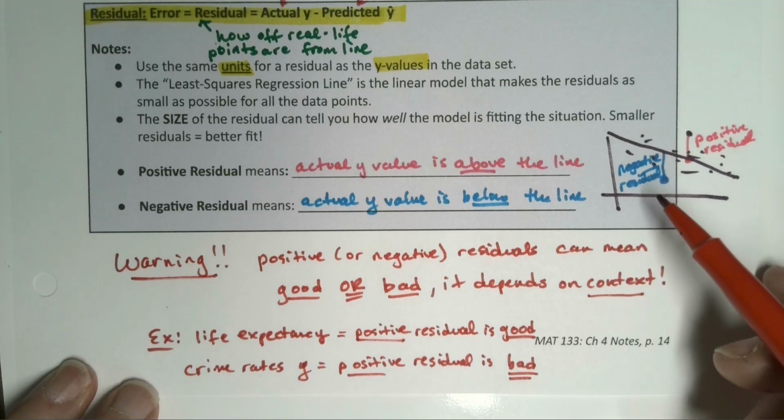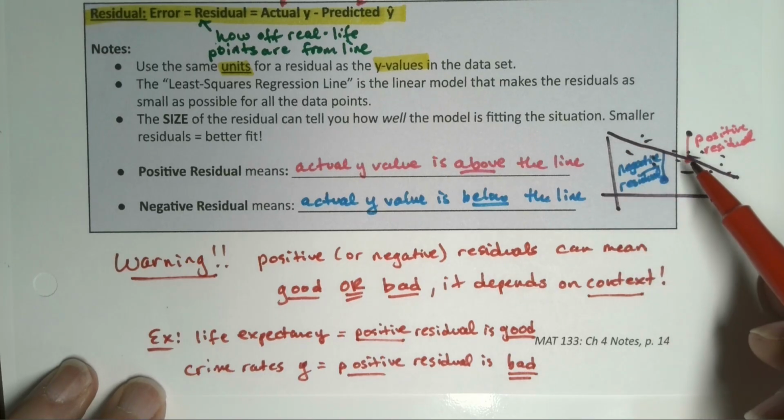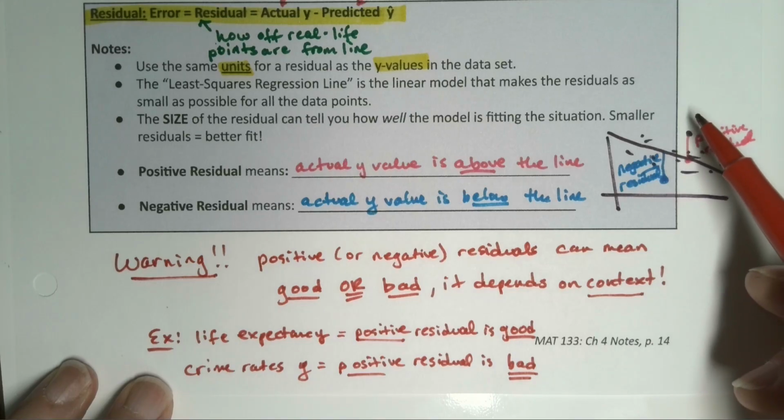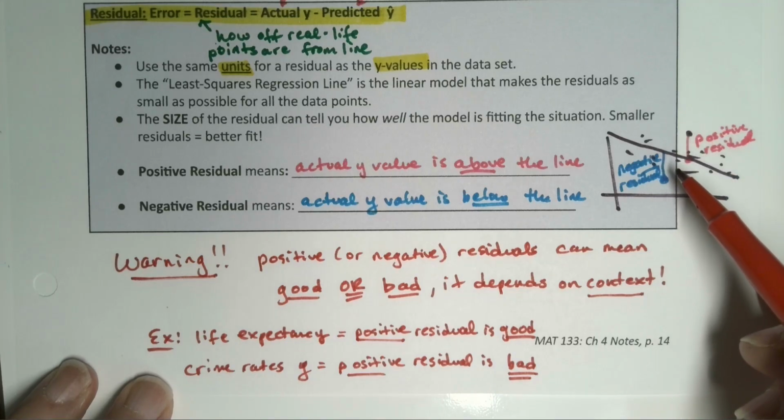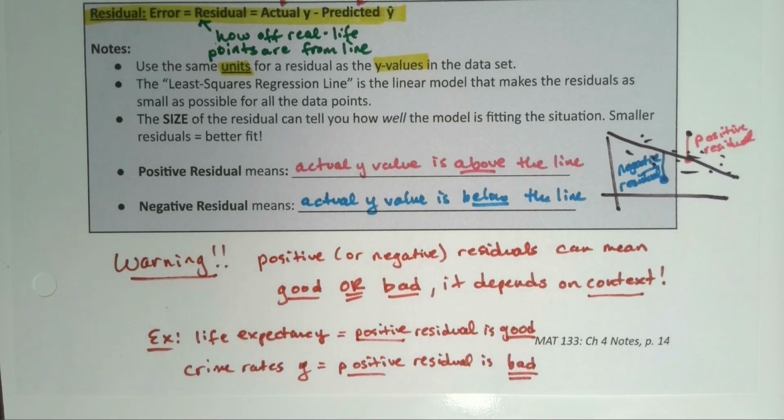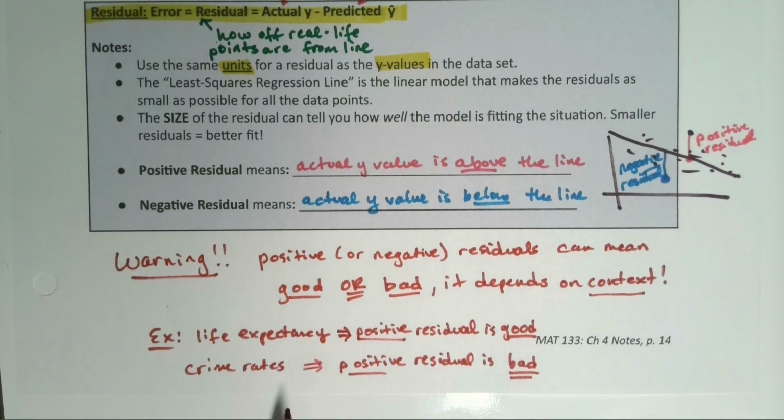But what if it was crime rates? What if your town or city has more crime than you expect? Well, that would be a bad thing, right? So it really just depends on your context. If you have life expectancy, positive is good, but if you have crime rates, positive is bad. You'll have to read through the problem and understand your y variable to make that determination for a particular problem. It's something to keep in mind that it will change from problem to problem.